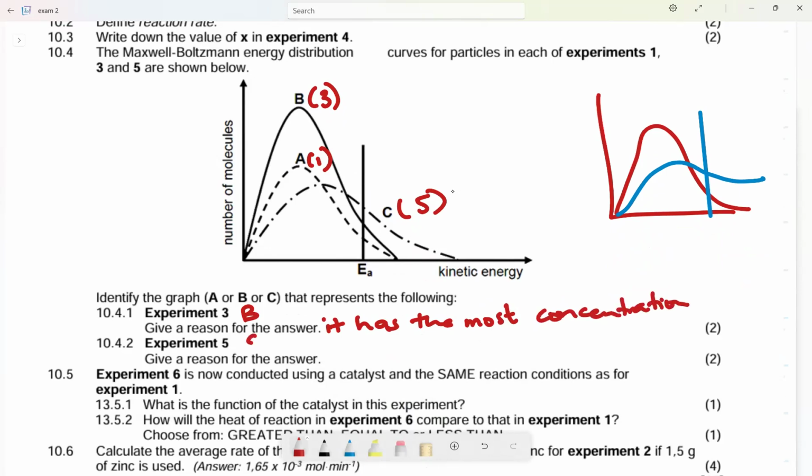Experiment 5, we said it is C. Why? It has more temperature. Okay. It has higher temperature. Sorry about the bad English. It has a higher temperature.